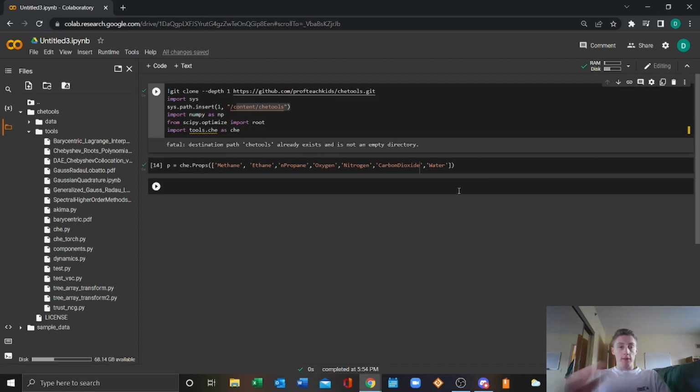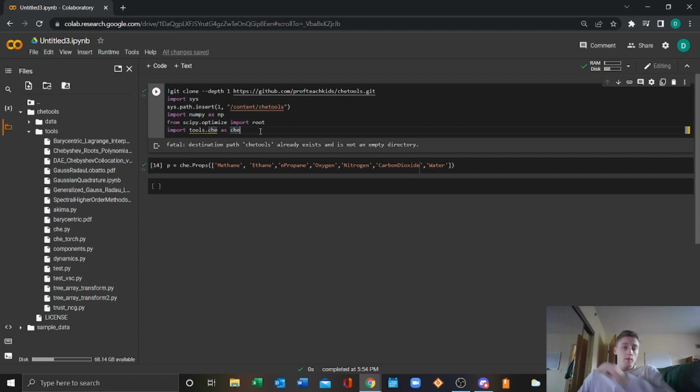Okay, so here all I have is our document that we copied over from GitHub that had our CHE tools in it, and it's got our che.py, and then NumPy, SciPy, Optimize, and more tools from the CHE.